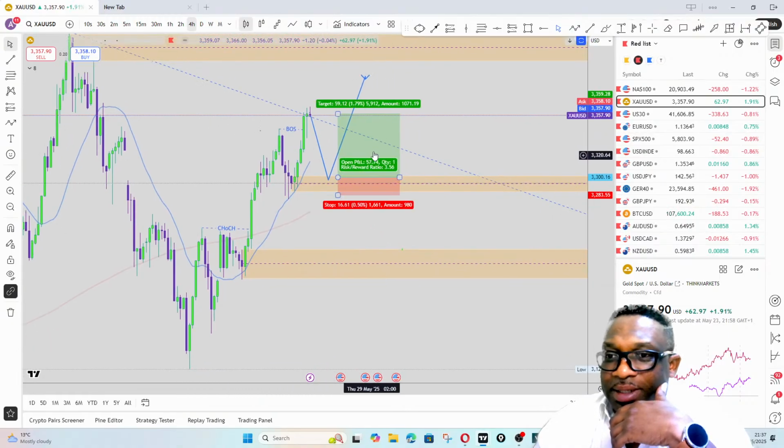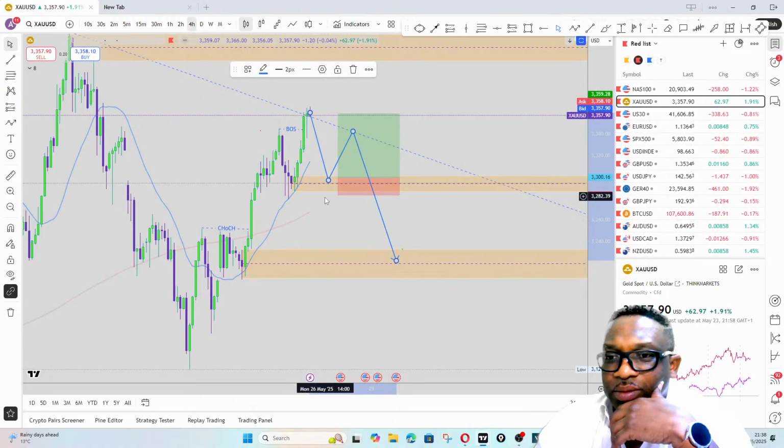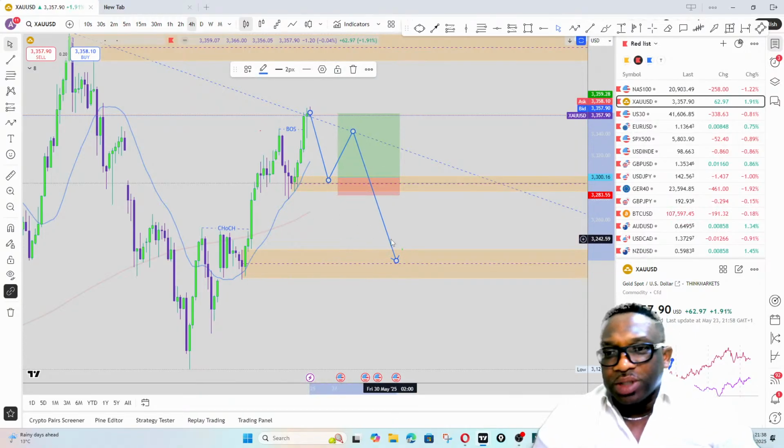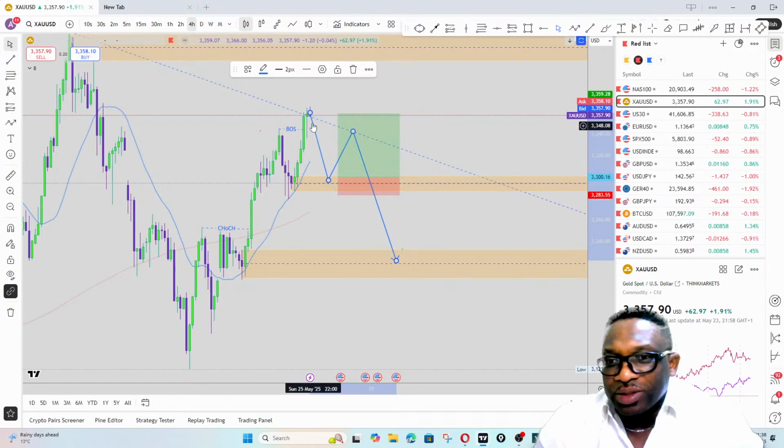So there's a probability that this could just continue to this zone that we've marked here. So this is what could happen. If perhaps we get a buying event here, we're taking it to the previous high.